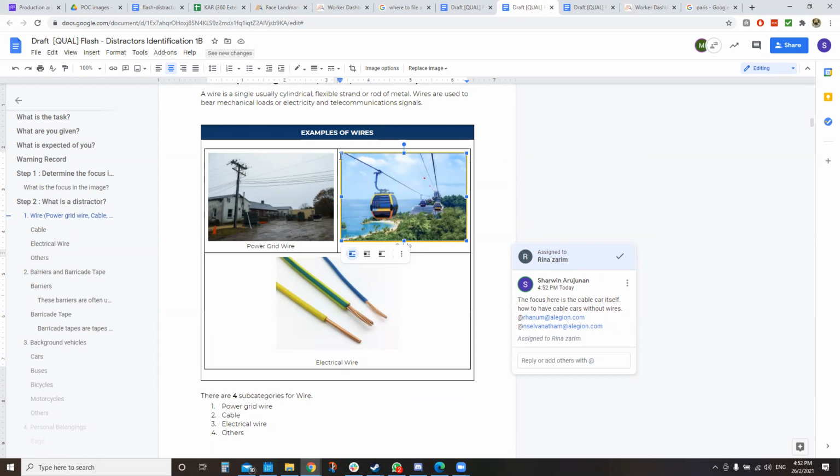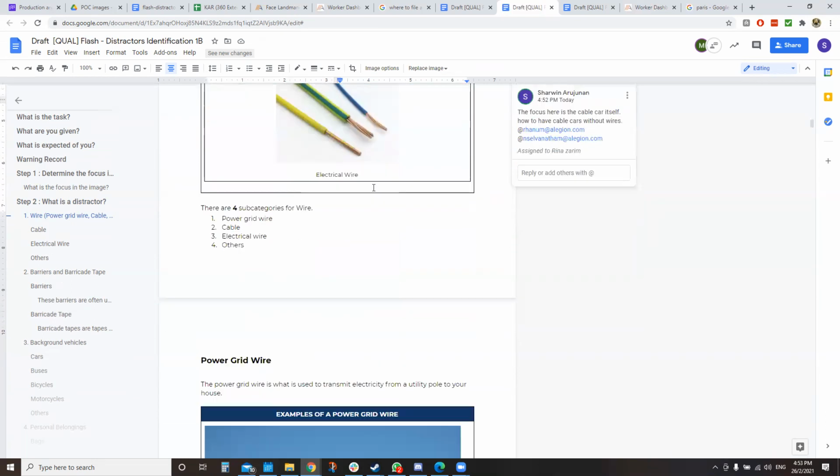You can't remove this cable, or maybe you can remove this one. This wire you can remove, but the cable holding the cable car, that one you don't remove. Understand? So this is a new edge case, we will update it.